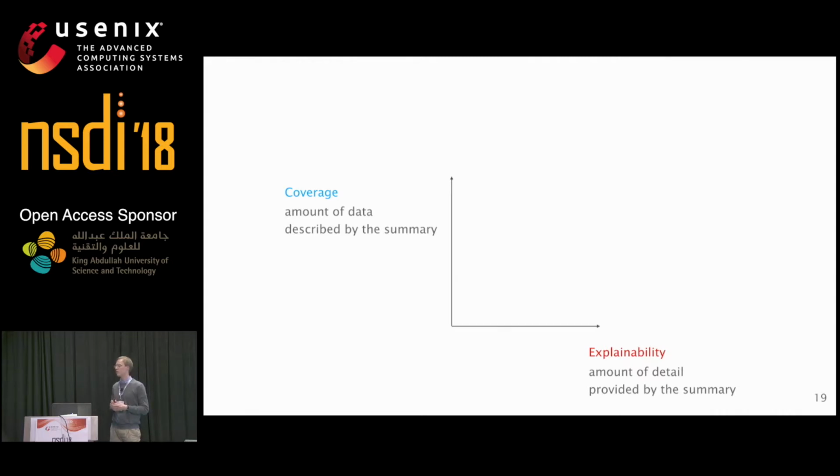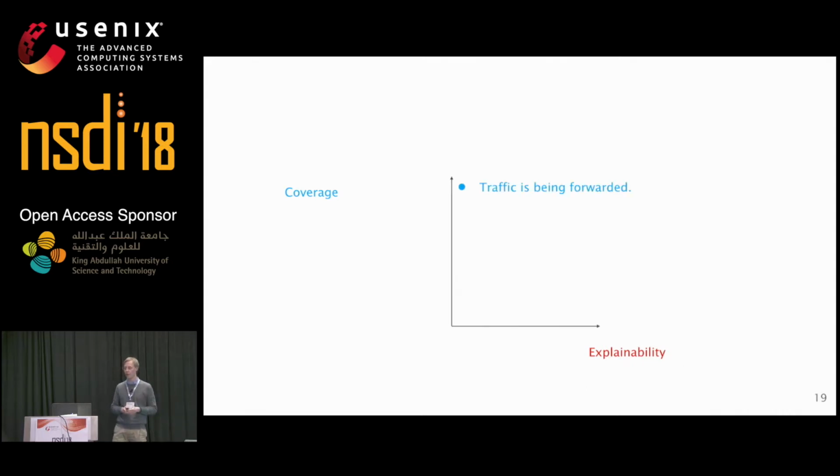The first one, the generic one, in the top left-hand corner, while the very specific one in the bottom right-hand corner. However, intuitively speaking, we would like to get a summary which balances the two. So we would like to explain as much of the data as possible while providing as much detail as possible. So we try to find a solution somewhere in the top right-hand corner.